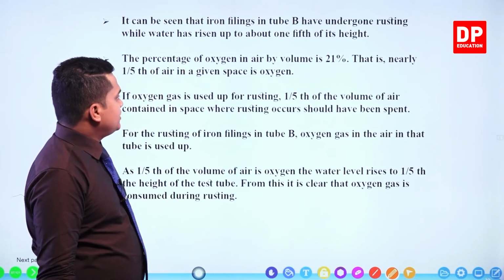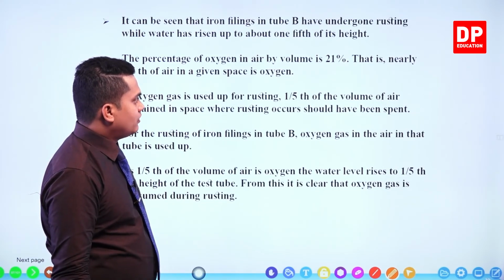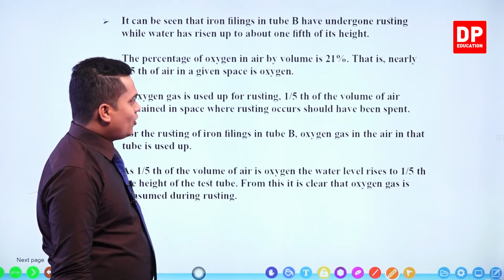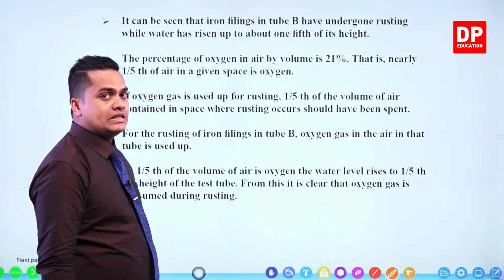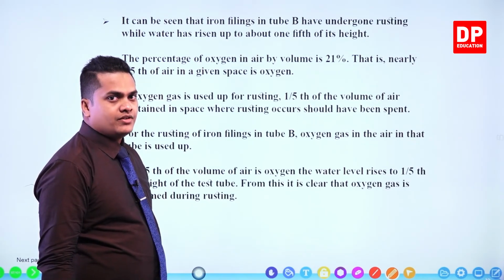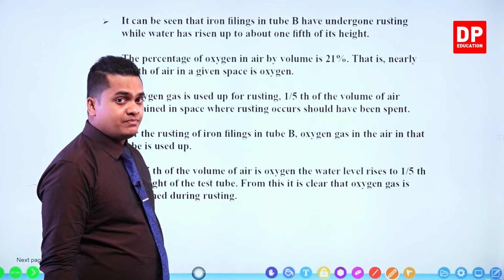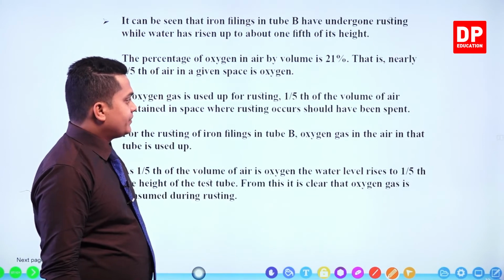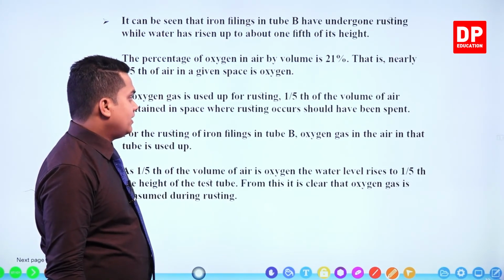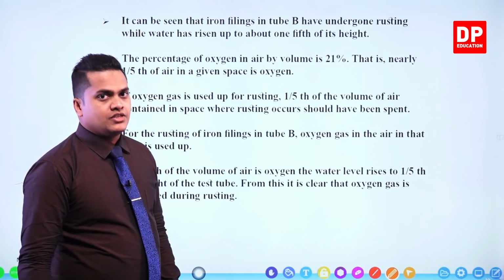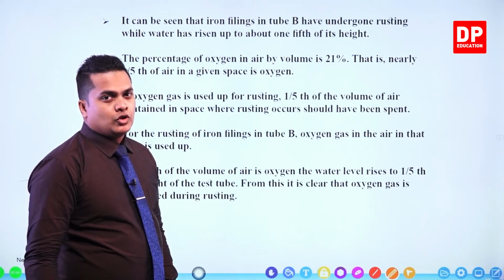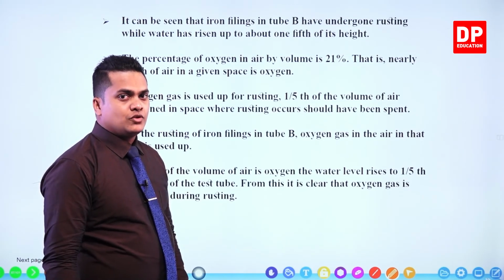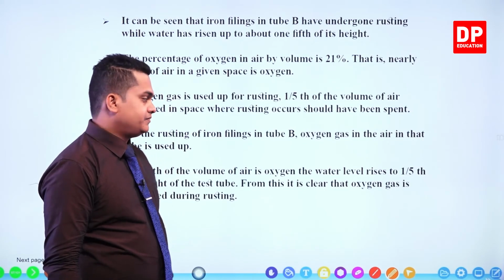If oxygen gas is used up for rusting, 1/5 of the volume of air contained in the space where rusting occurs should have been spent, right? So oxygen gas should have been spent in here. For the rusting of iron filings in tube B, oxygen gas in the air in that tube is used up, right? So we can finally conclude that the oxygen gas is being used up during the process of rusting.